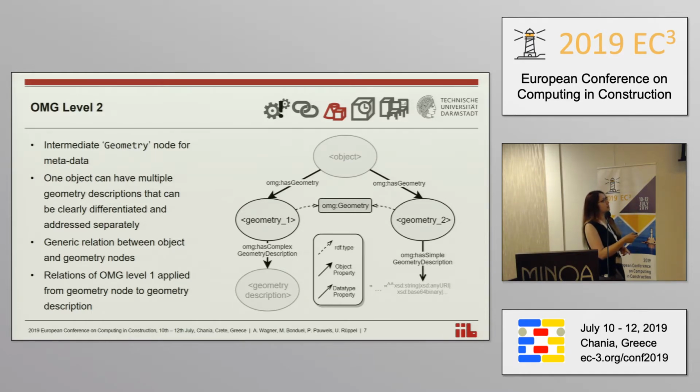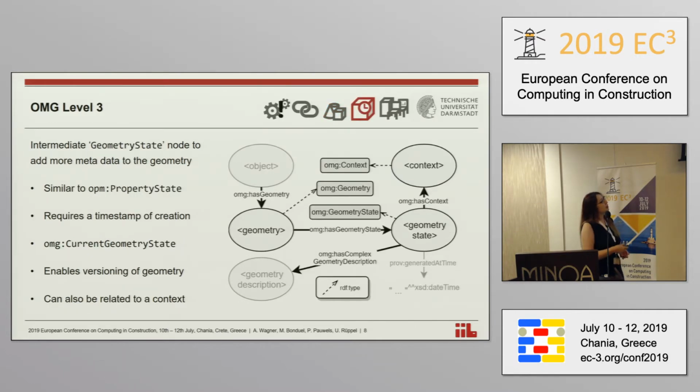And this is a unified relation, so you can, with one query, extract all of the geometry descriptions of an object regardless of whether it is RDF-based or not RDF-based geometry descriptions, to allow easier querying.